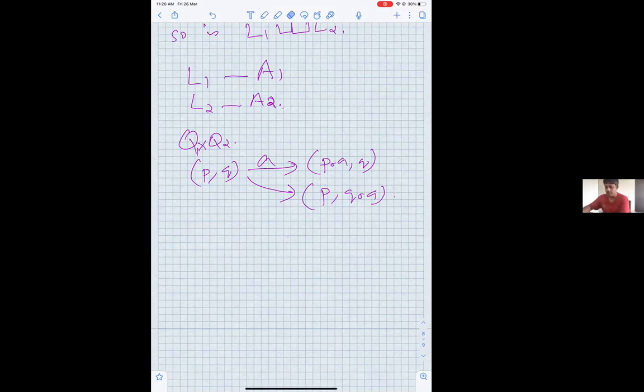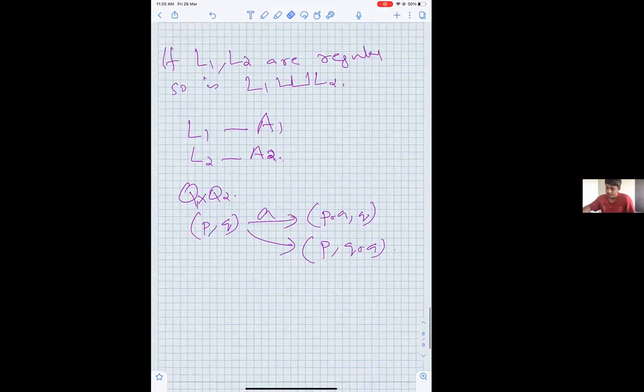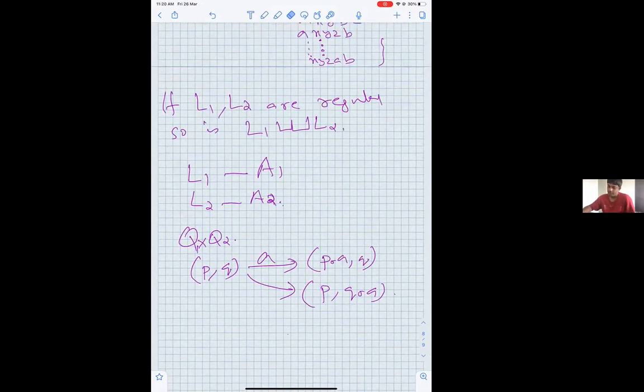The final states are F1 cross F2. So that is how you show that L1 shuffle L2 is regular.